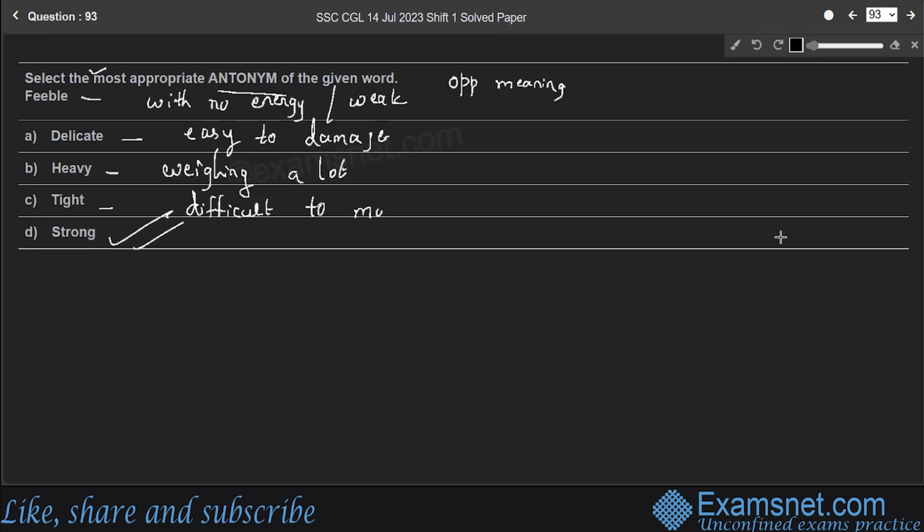So the antonym or the opposite meaning of feeble is strong. Option D is the right answer.